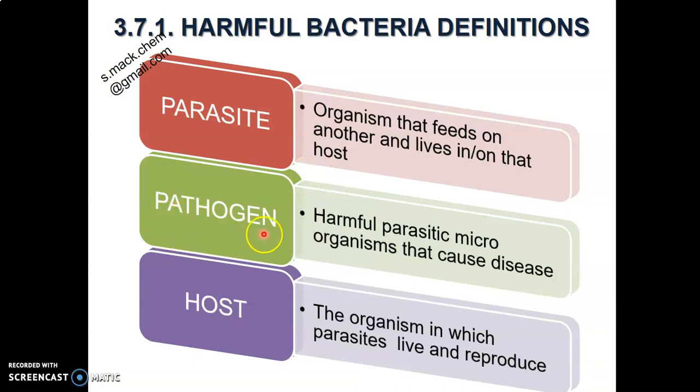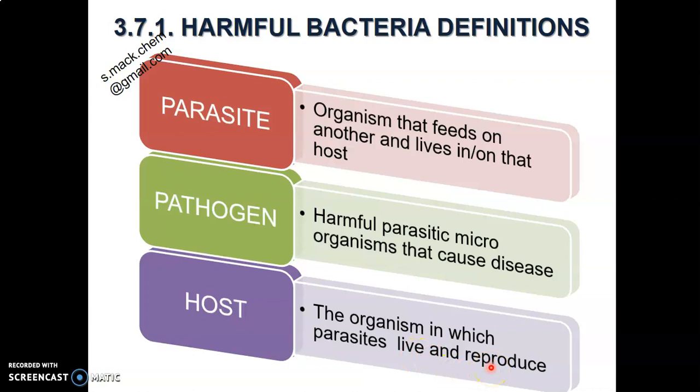There's a definition for something called a pathogen, where we say a pathogen is some sort of harmful microorganism, which is a parasite that causes disease. And last but not least, we have an organism which is referred to as the host, and the host is the organism in which the parasites live and reproduce.